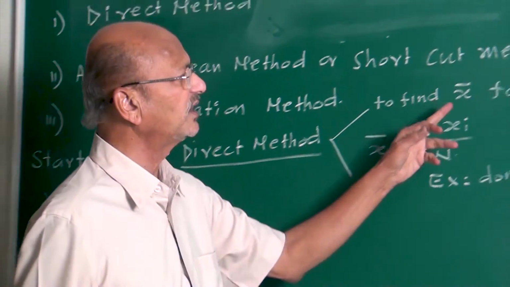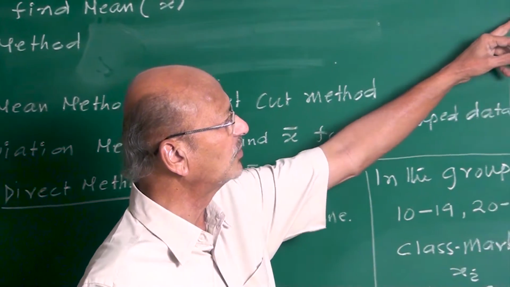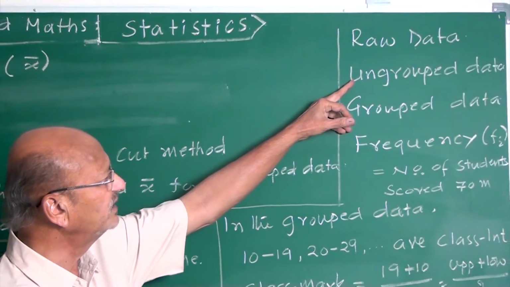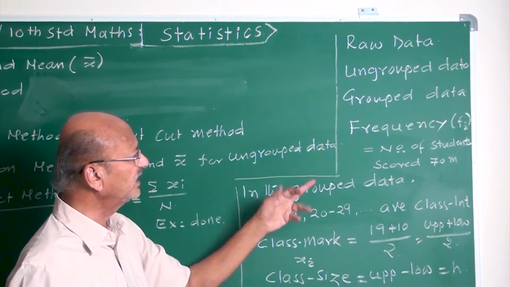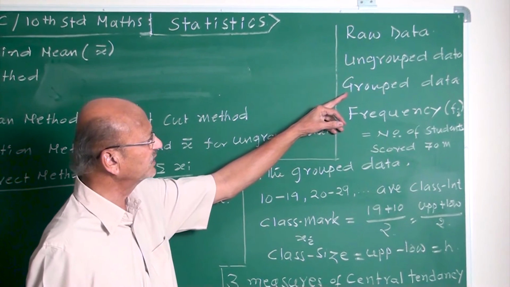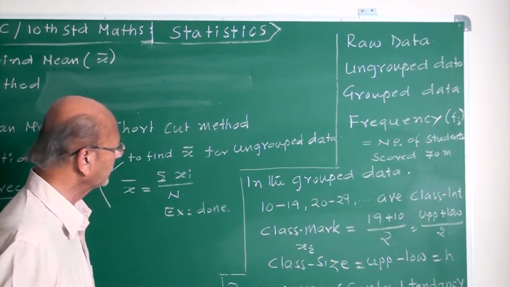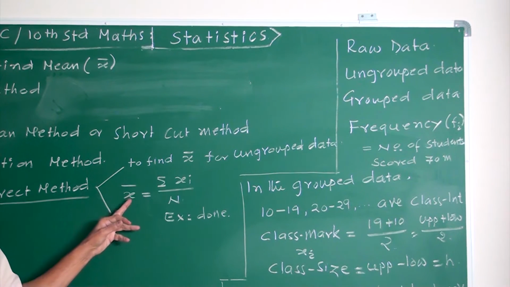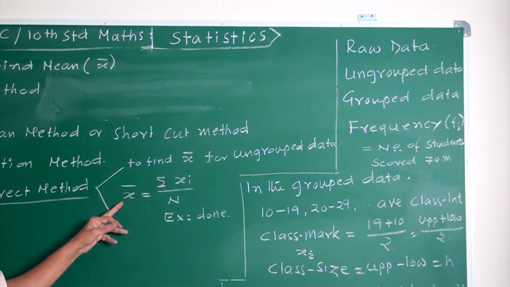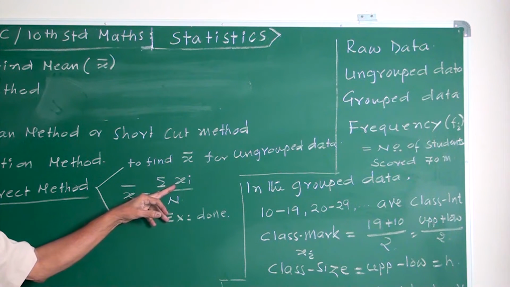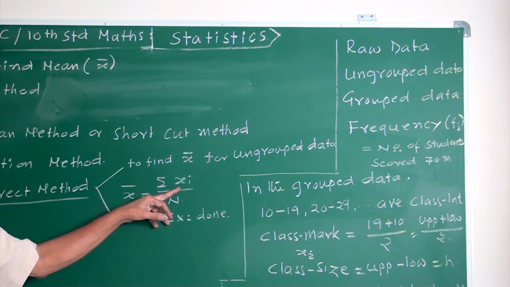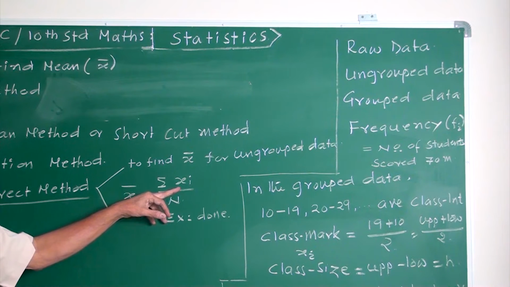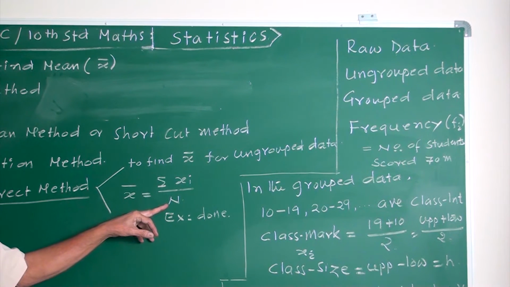In the direct method, there are two cases: finding x bar for ungrouped data, and finding x bar for grouped data. To find x bar for ungrouped data, this formula is used: x bar equals sigma xi, the summation of all observations, divided by the number of observations.